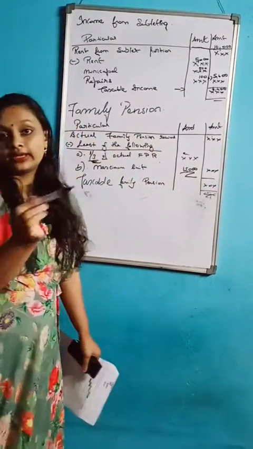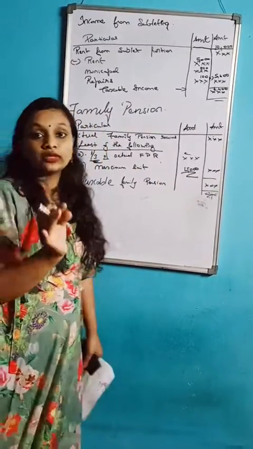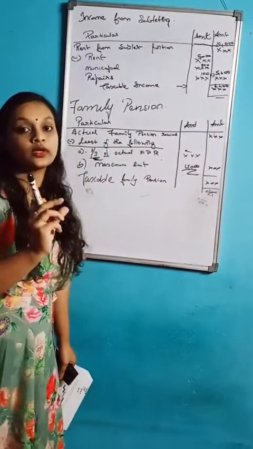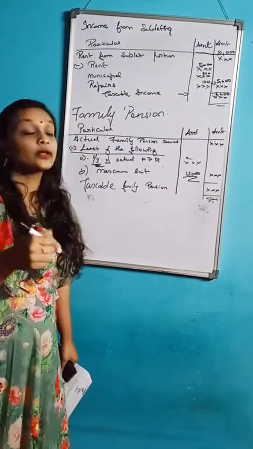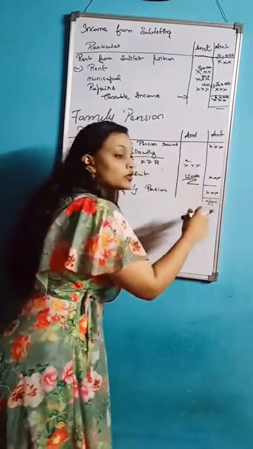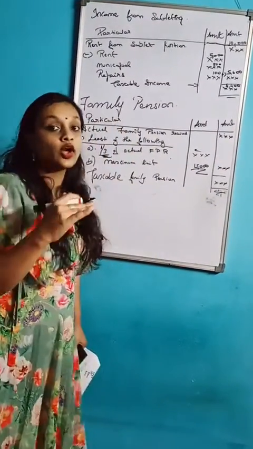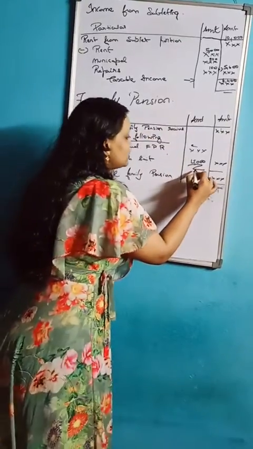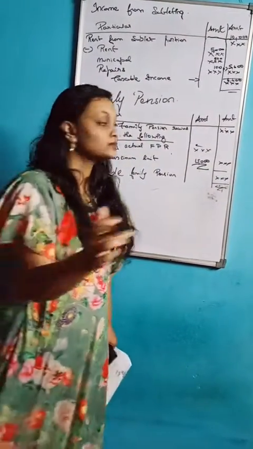This is very important: 1 by 3 and 15,000. 15,000 is a fixed amount. If you write 14,000 or 16,000, the whole format will be wrong and you will not get any marks. So 15,000 and 1 by 3, these two points are very important.